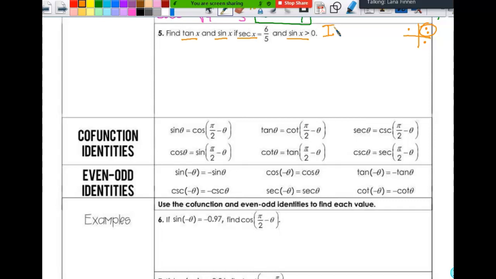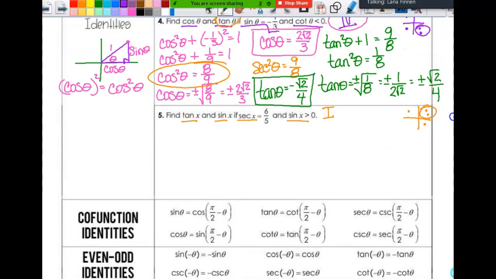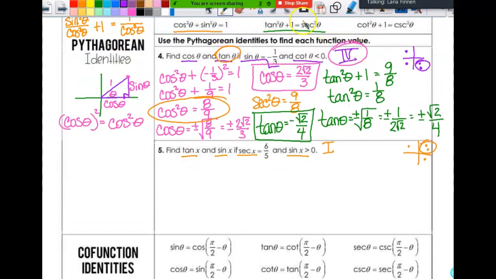Everybody good so far? All right, so I want to find tangent, and I have secant, so that's good because that fits right in here. I can use this right here. So that'll give me tangent squared x plus 1 equals 6/5 squared.